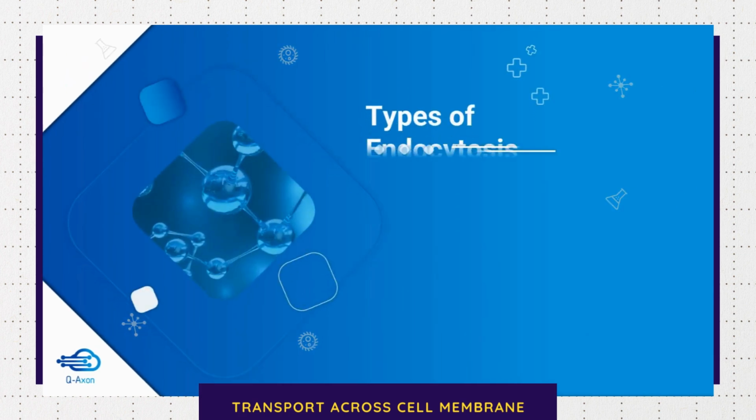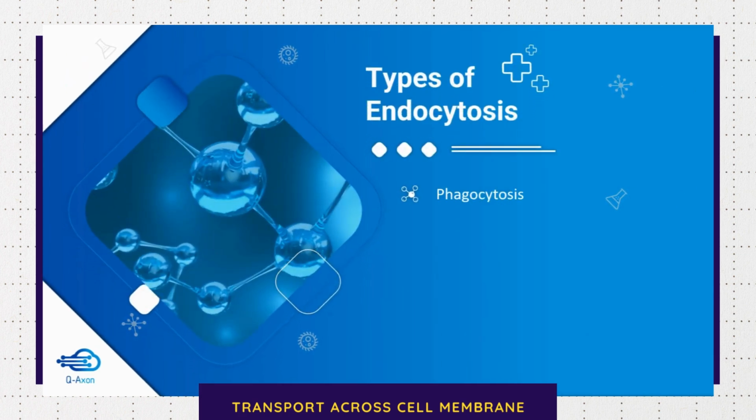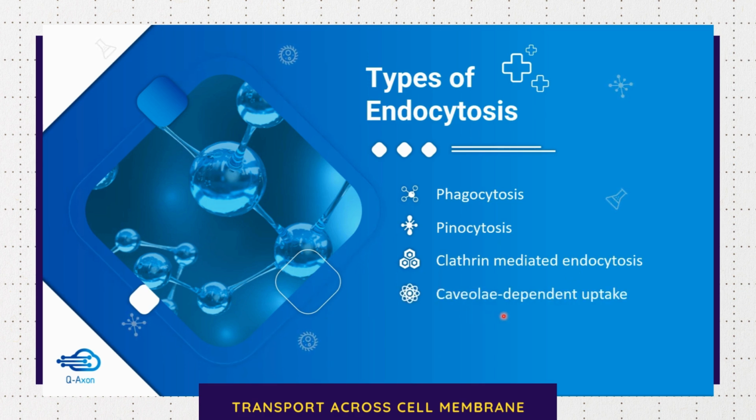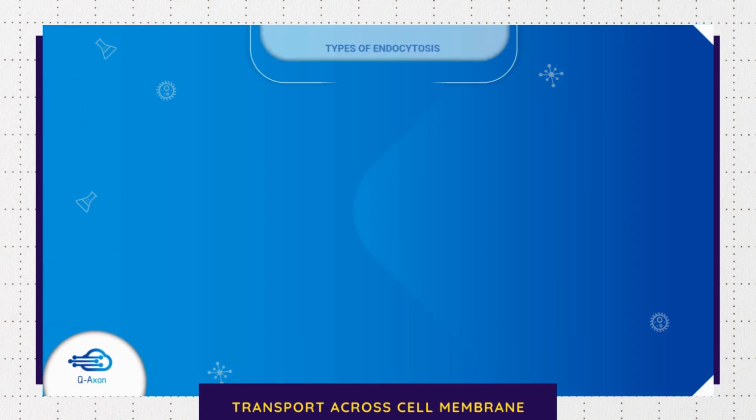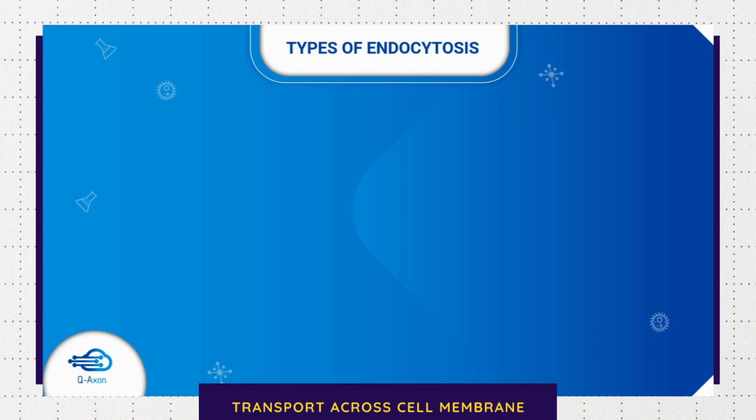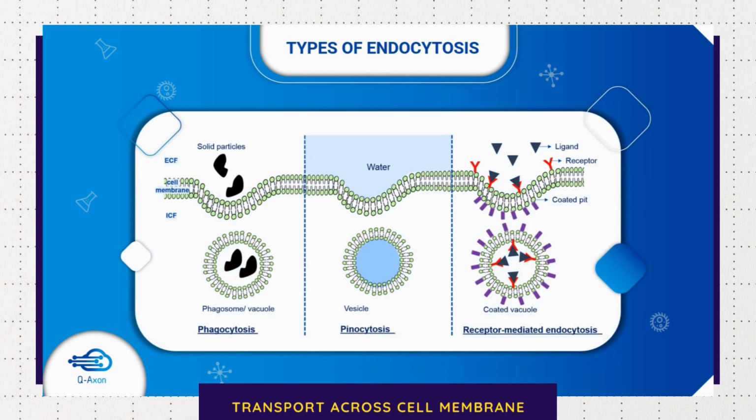Now there are various types of endocytosis: phagocytosis, pinocytosis, clathrin mediated endocytosis, caveola dependent uptake, and non-clathrin, non-caveolar mediated endocytosis. Let's see how they operate.